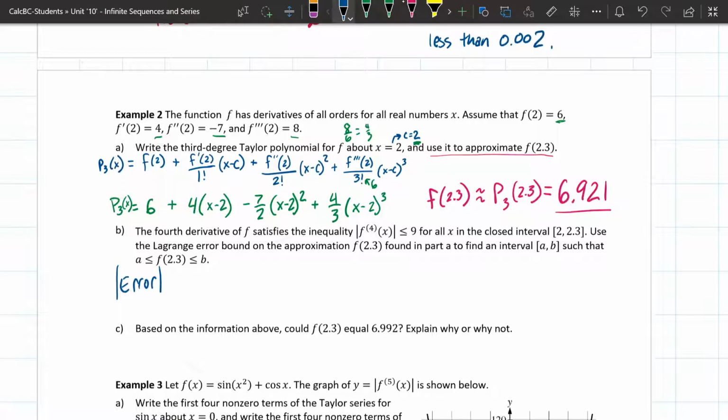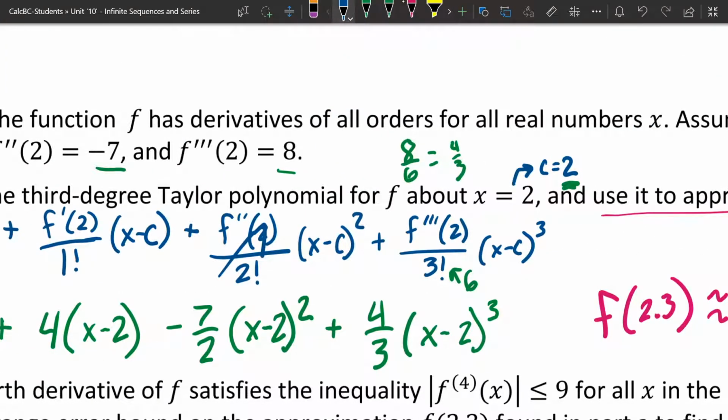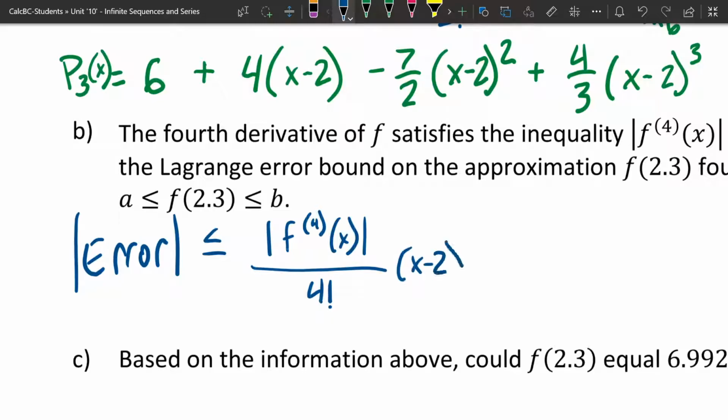The absolute value of our error is going to be less than or equal to the absolute value of that fourth derivative over 4 factorial times x minus 2 to the fourth.